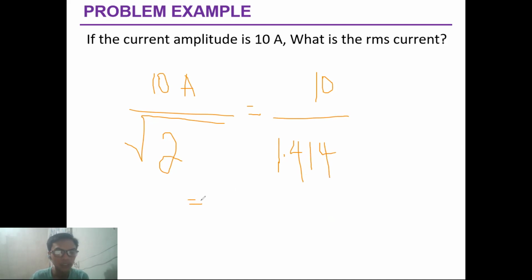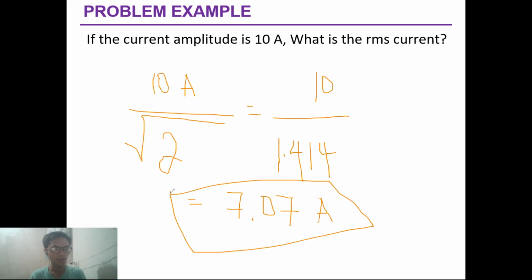So we will get 7.07 here. Therefore, the RMS current is equal to 7.07 ampere. So let's think, pair, and share. Why is RMS current more useful than a peak current in power calculations?